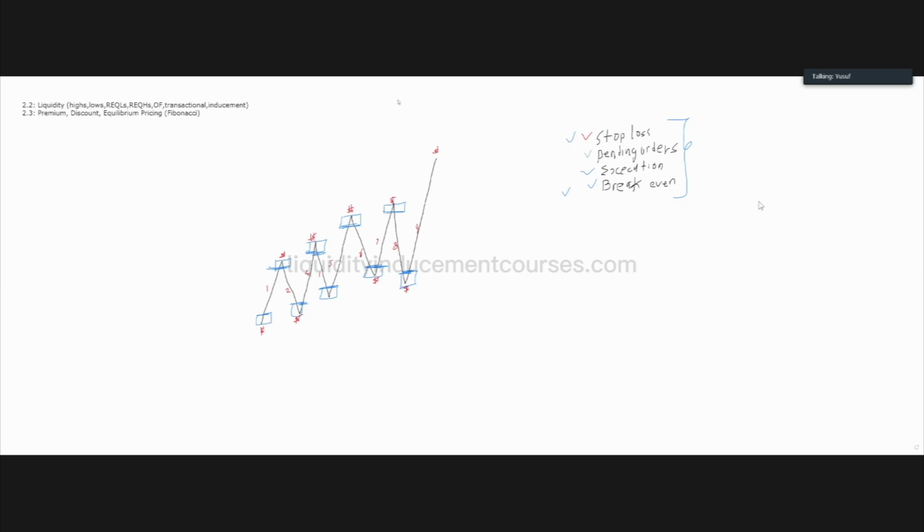And the first one is called transactional liquidity, in brackets TLQ. And this is the liquidity for correction. Then we have structural liquidity.